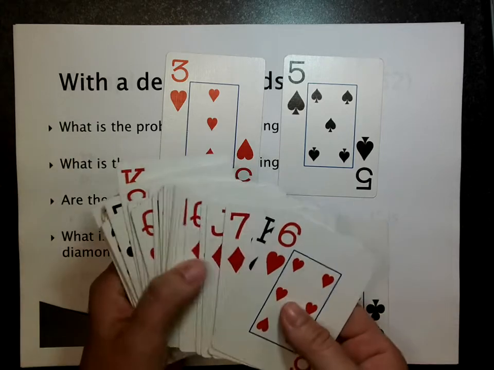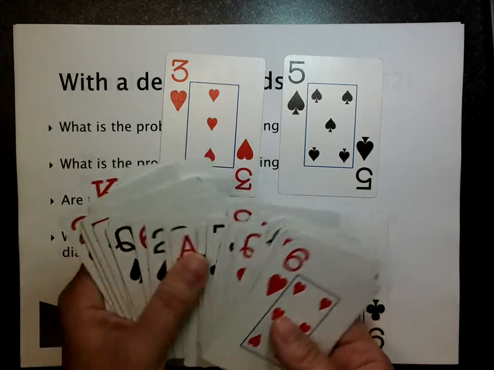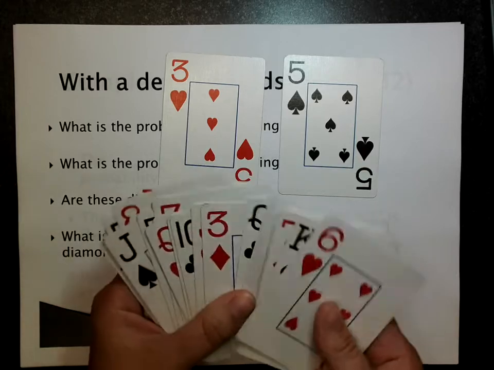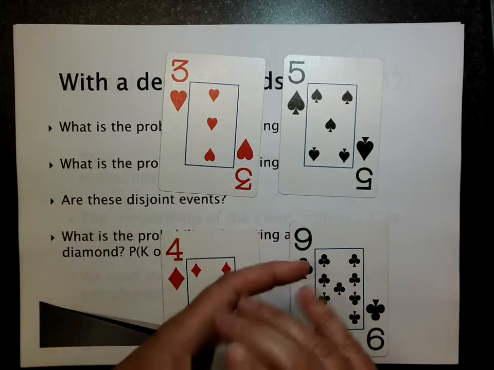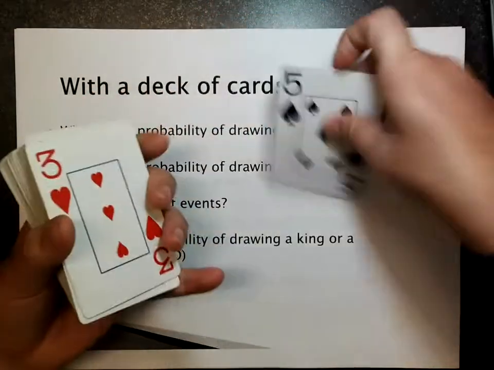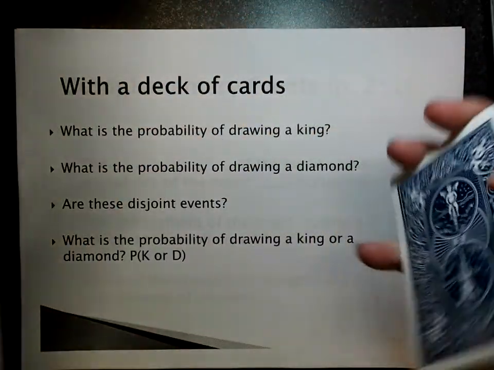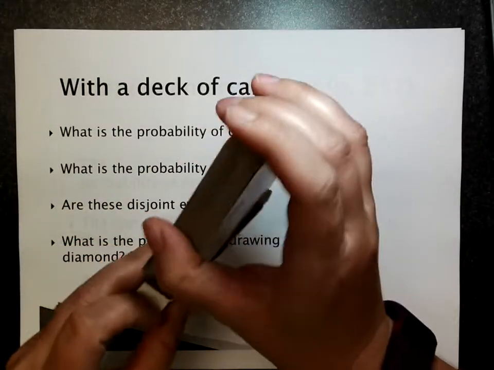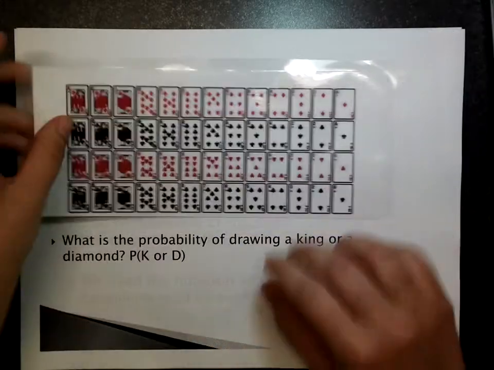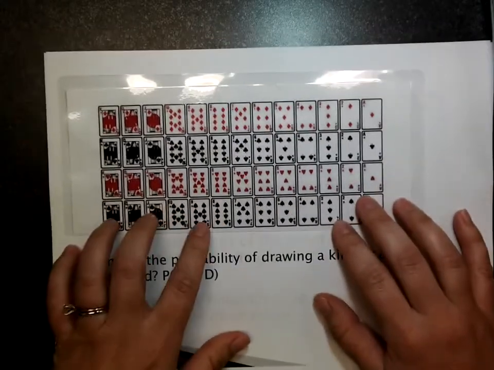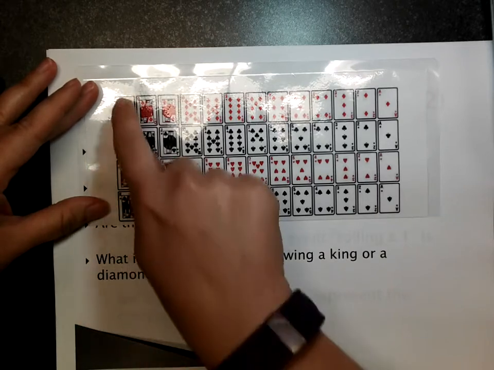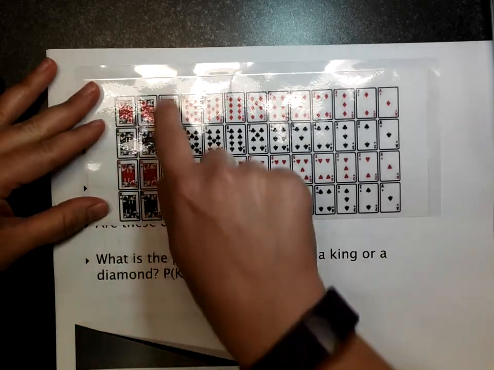So if you're not too familiar with the deck of cards, you might just want to go to the dollar store and buy a deck, just so you're a little more comfortable. I play cards all the time, so I'm very comfortable with the deck of cards. The textbook does a nice job of organizing these 52 cards to make it a little easier for you to see. So, here's all 52 cards. We have the kings of each suit, the queens of each suit, the jacks.